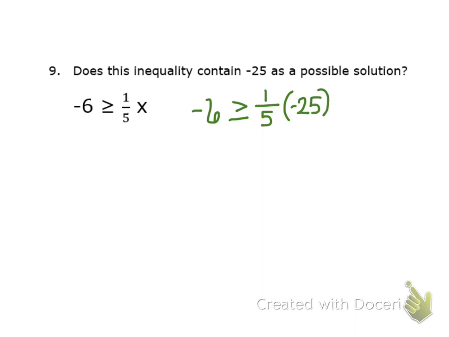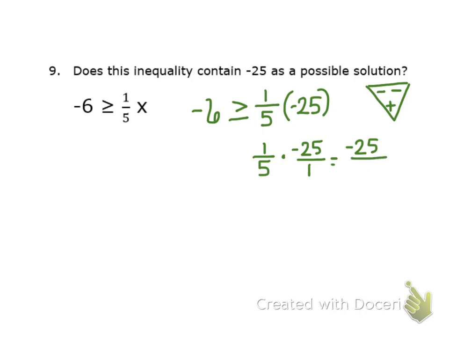Okay? So if I need to multiply fractions, I'm going to have 1/5, and then negative 25 as a fraction will be negative 25 over 1. Remember, we have to multiply the numerator, so 1 times negative 25 is negative 25. Remember that a positive times a negative is a negative.